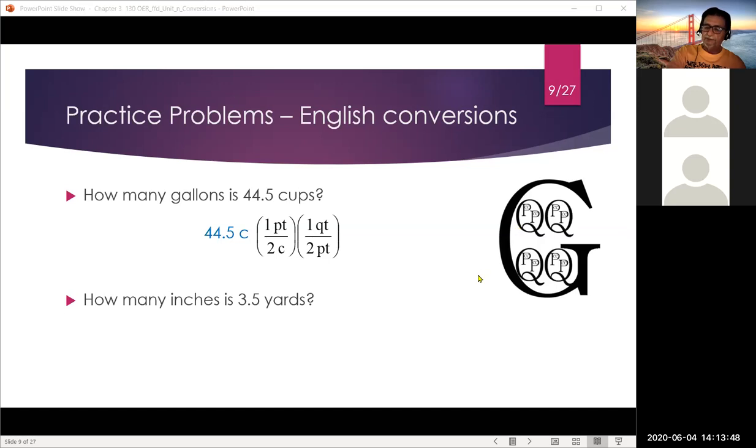I'm not at the gallons yet. Okay, so I need one more factor. I know that in 1 gallon, there are 4 quarts. So now I set that up. Okay, I check my units. My units all cancel out, leaving me with gallons as my final unit. So that tells me I got the problem set up properly.